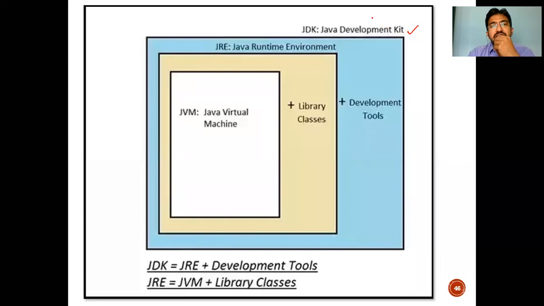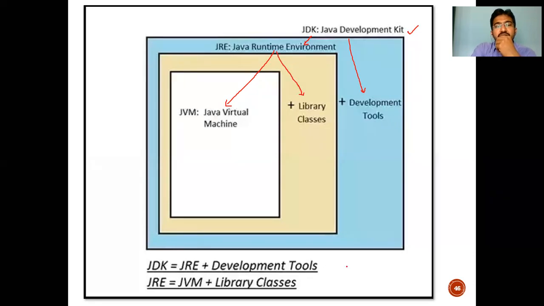In the same fashion, JDK, Java Development Kit, is nothing but a software. Inside the JDK, there is JRE, that is Java Runtime Environment, as well as development tools. Inside this JRE, there is JVM as well as the library classes.